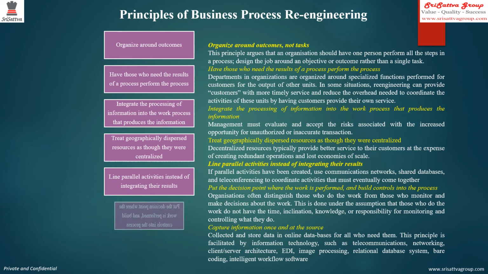Put the decision point where the work is performed, and build controls into the process. Organizations often distinguish those who do the work from those who monitor and make decisions about the work. This is done under the assumption that those who do the work do not have the time, inclination, knowledge, or responsibility for monitoring and controlling what they do.